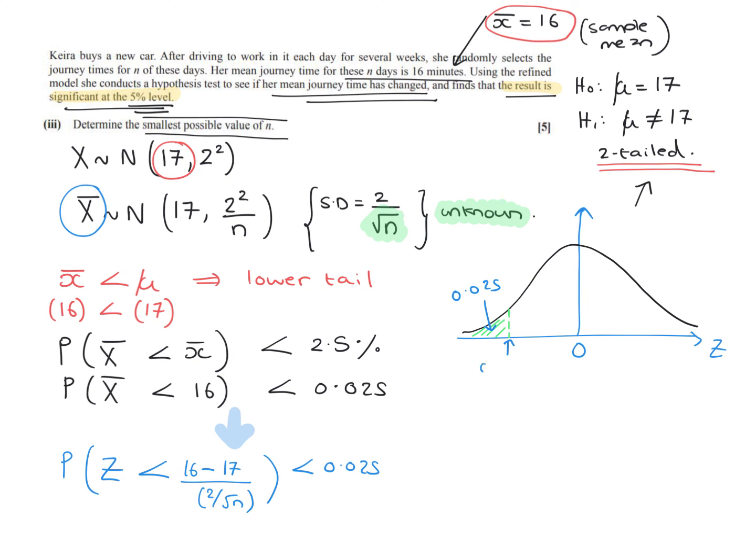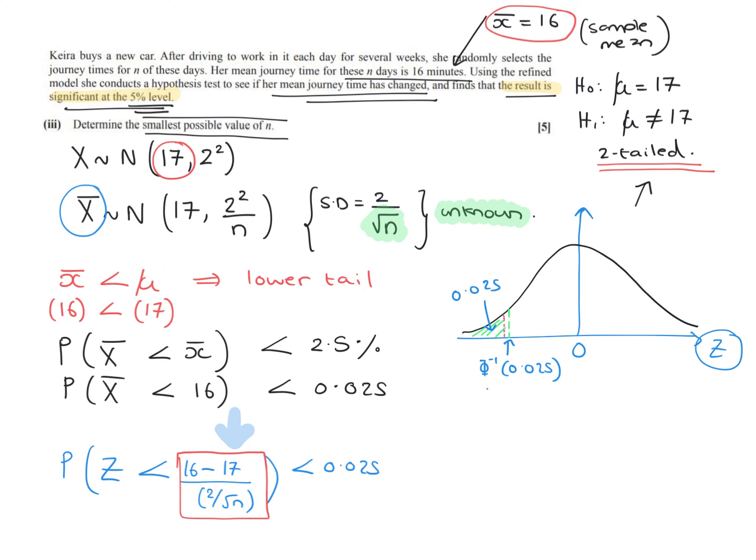Now for this value here we need to find phi to the minus 1 of 0.025 for the z distribution. Now our standardised z value can be less than this value because, of course, we want the probability to be less than 0.025. So our value could actually be on the left of this.